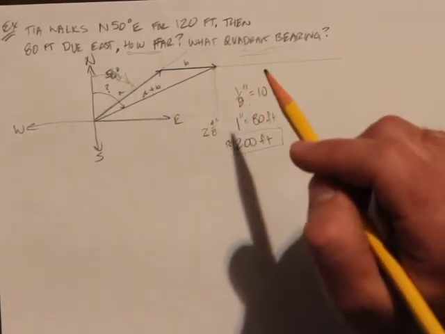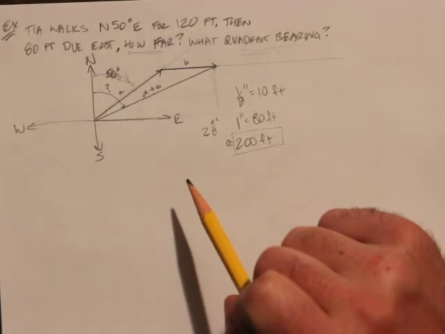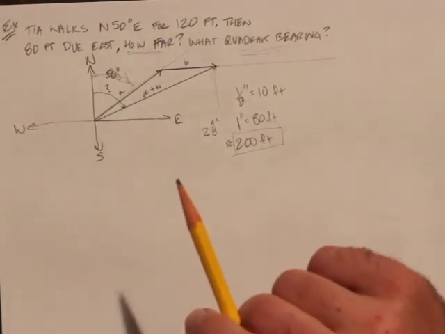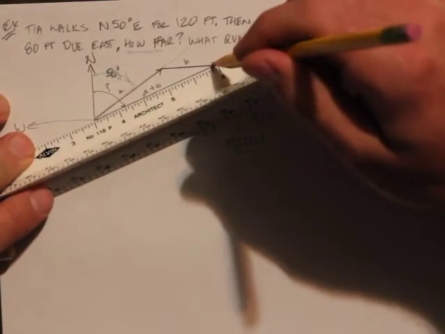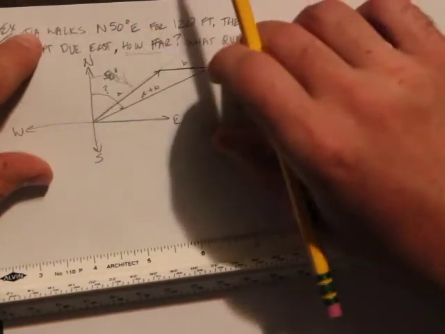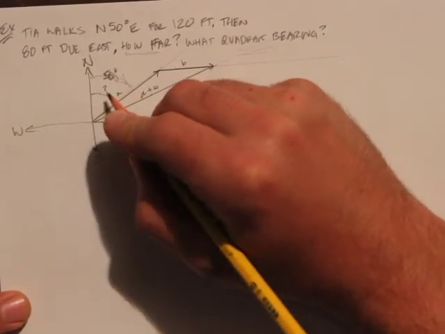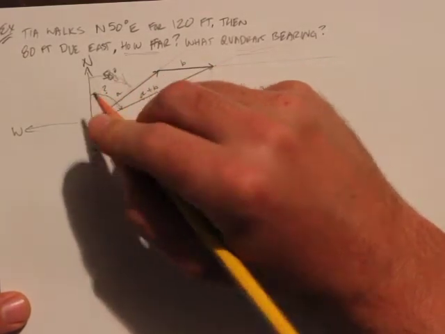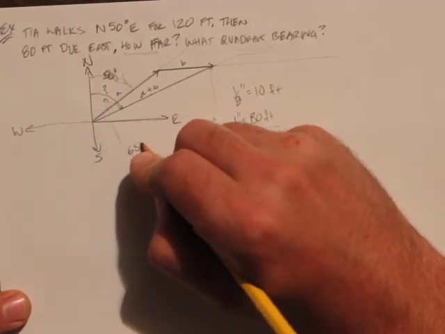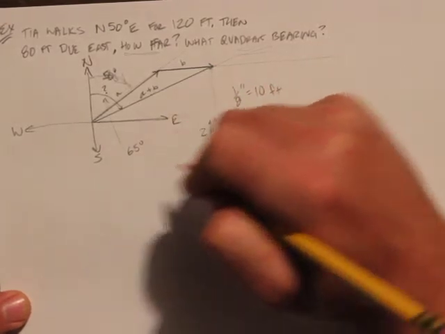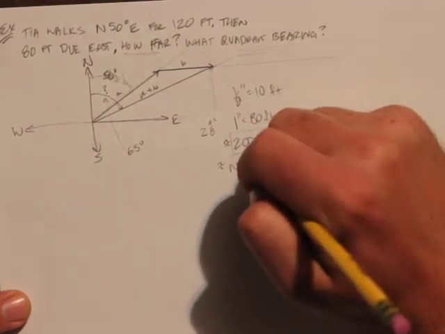Or we could get out our protractors, which I think is the best way to do this. If you lay a protractor on top of here, you would get about 65 degrees. So this angle is about 65 degrees. So we're going to have a bearing of north 65 degrees east.